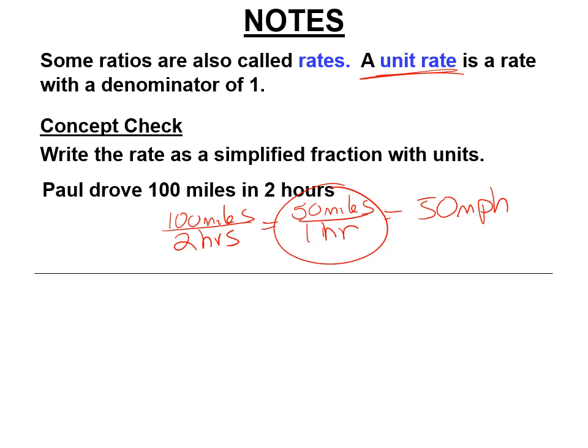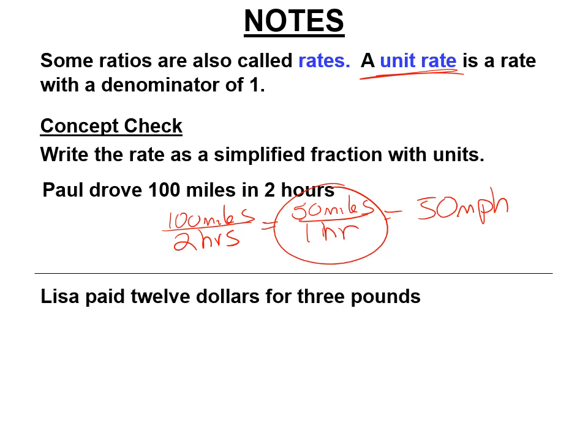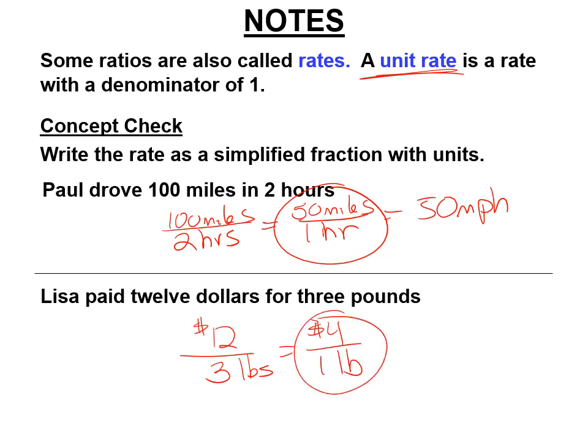$12 for 3 pounds, so it's $12 for 3 pounds. What's the abbreviation for pounds? LBS. All right, and we're going to simplify that to $4 for 1 pound. You can also write this as $4 per pound like that.